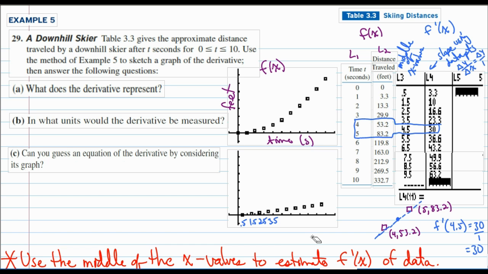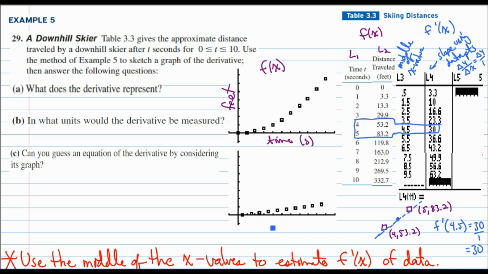So part A asks, what does the derivative represent? Well, I can tell you that the x values are going to stay the same, and that's still going to be time in seconds. The y values, though, are going to represent the slope. So the slope would be change in y over change in x, so change in distance over change in time, so that's feet per second. So what does the derivative represent?